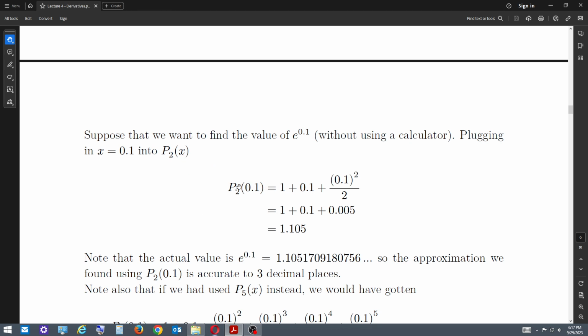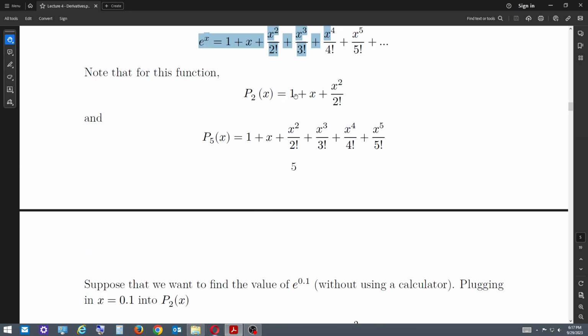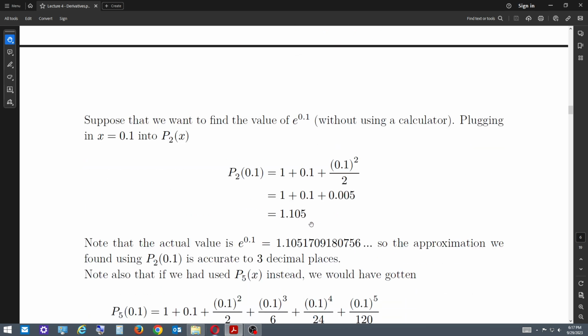So first of all, using P2, taking x as 0.1 in here, we get 1.105 as our approximation. Now note that the exact value of e to the power 0.1 is given here. This is not the full thing, it goes on beyond this, but about 13 digits here, this is our value.